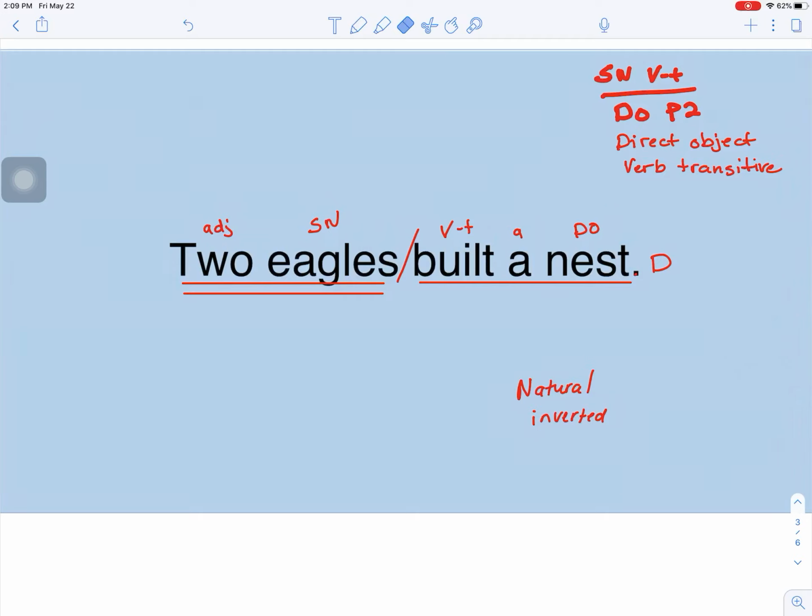So it's in a natural form. The last thing we do is we label our sentence. Subject, noun, verb, transitive, direct object, pattern 2. So you can see the pattern of this sentence has a noun here, a noun here, and a verb here. So noun, verb, noun. That tells us it is a pattern 2.